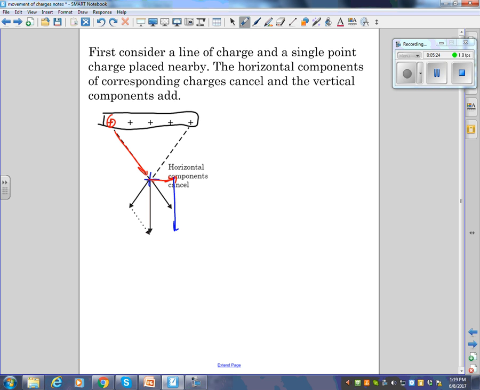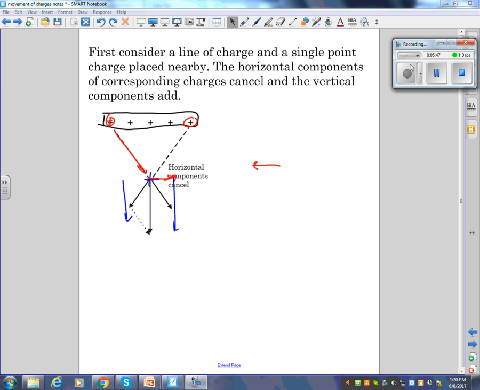And similarly over here, this one pushes a little bit that way and also down, right? Well, these two are equal and opposite, so they actually do what? They cancel each other out, and the blue ones here actually add together. So you get an increased force.